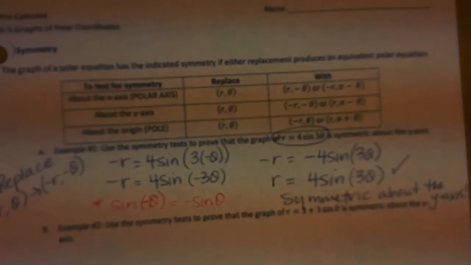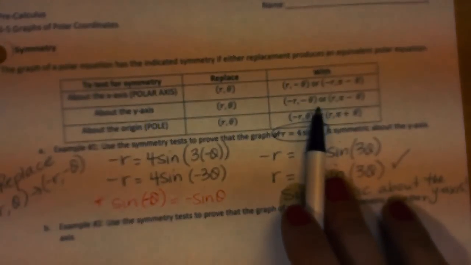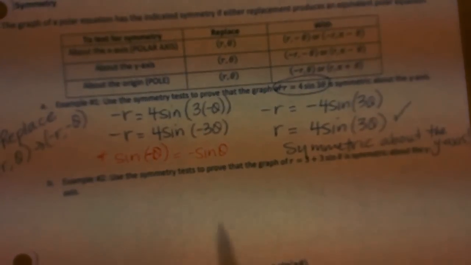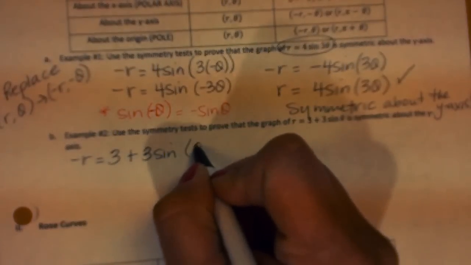In this next example, it kind of proves why we need to have 2 tests for symmetry. If we look at example 2 here, it says use the symmetry test to prove that the graph r equals 3 plus 3 sine theta is symmetric about the y-axis. So if we do exactly what we did above and replace r, theta with negative r, negative theta, we are looking at negative r equals 3 plus 3 sine of negative theta.